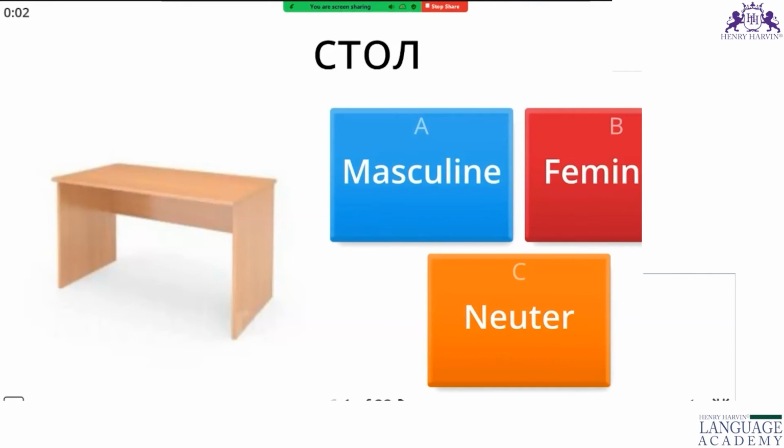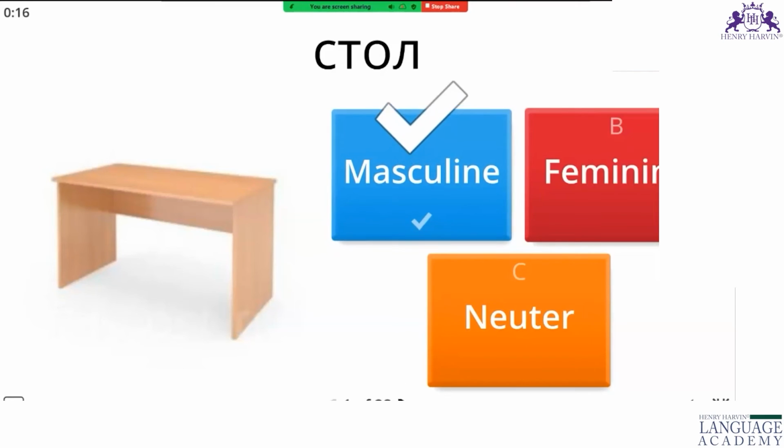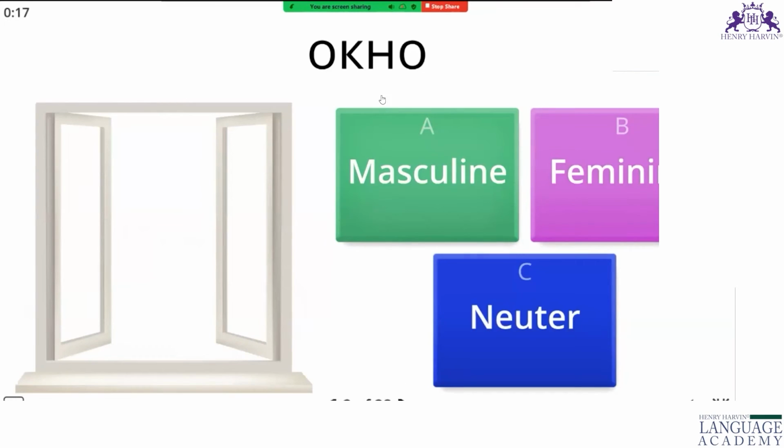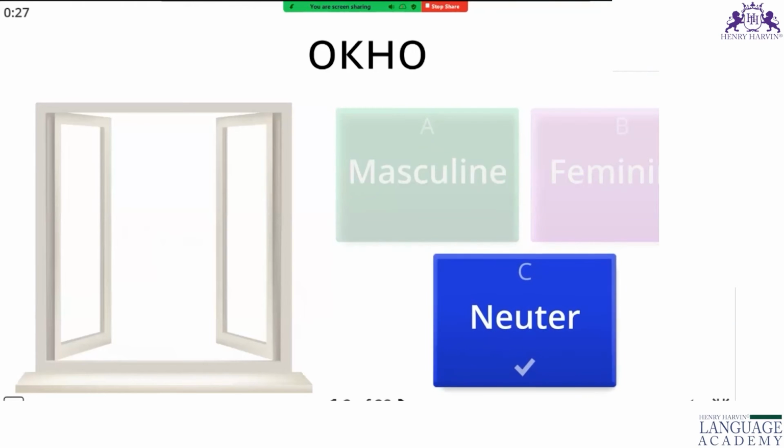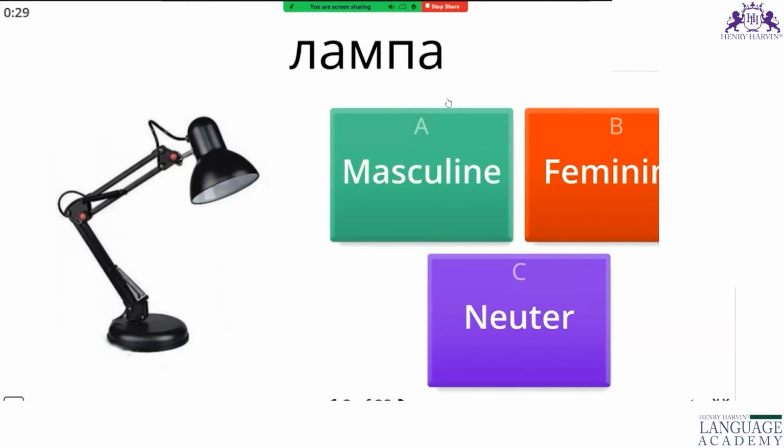Vishal, you read the word and tell me, is it masculine, feminine, or neuter? Yes, ma'am. Stol, masculine. You do the first 5, okay? Okno, neuter. Because ending O, very good.